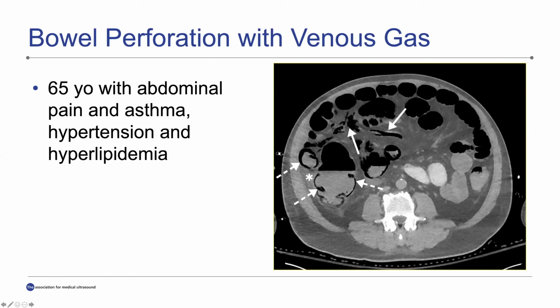And we can tell there's perforation here because there's free air occurring within the abdomen. So not only do we see gas within the veins, we see gas in the wall of the bowel, but we also see gas outside the lumen, which indicates that there is a perforation. And we also see here some fluid within the belly marked by that asterisk.